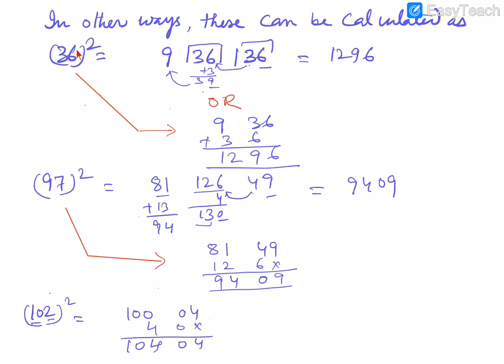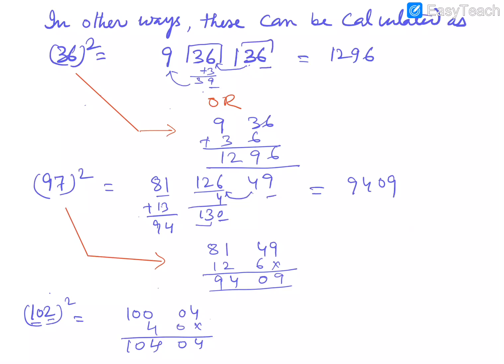In short, we can calculate the square of 36 as this is a square, means 3 square, this is 2ab, that is 3 into 6 into 2, and this is b square, means 6 square. Now take the units digit of each number, and the digits written on the left hand side will be taken as carry.